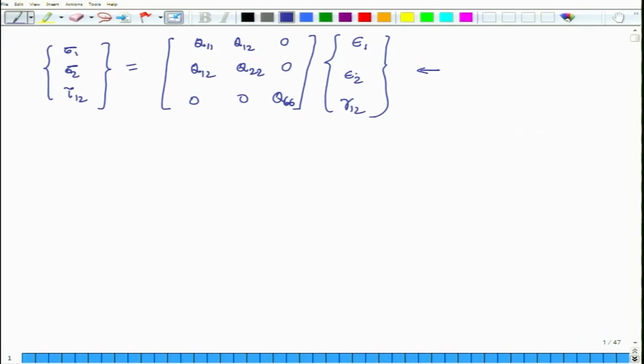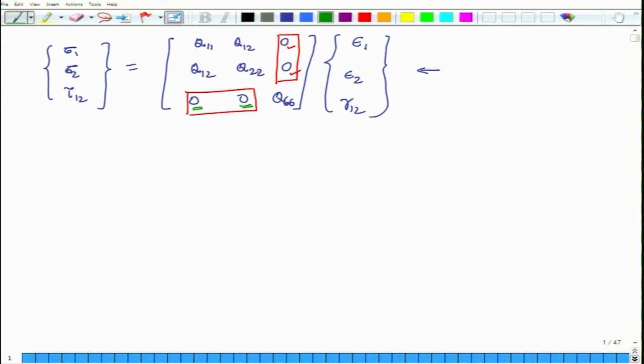So, extensional strains are not coupled to shear stress, and shear strain is not coupled to extensional stress, because these terms are 0. These two terms ensure that there is no coupling between the extensional stress and the shear strain, and these terms which are underlined in green, since these are 0, ensure that there is no coupling between the shear stress and the extensional strains.